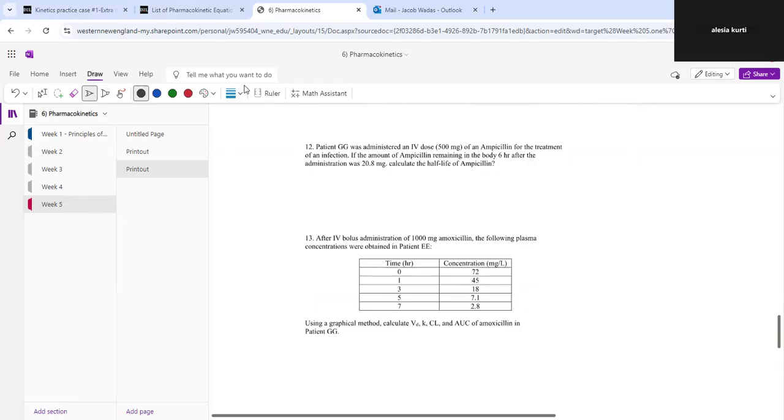All right, number 12. Patient GG was administered an IV dose of 500 milligrams of ampicillin for the treatment of an infection. If the amount of ampicillin remaining in the body 6 hours after the administration was 20.8 milligrams, calculate the half-life of ampicillin. What equation would you use for this one?